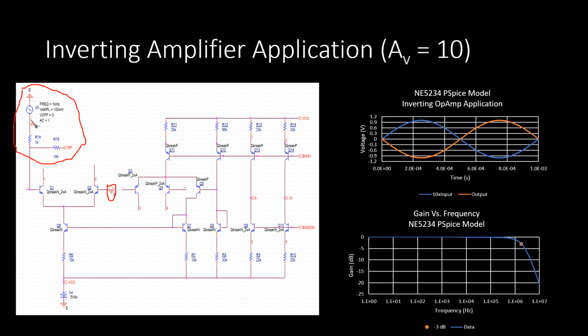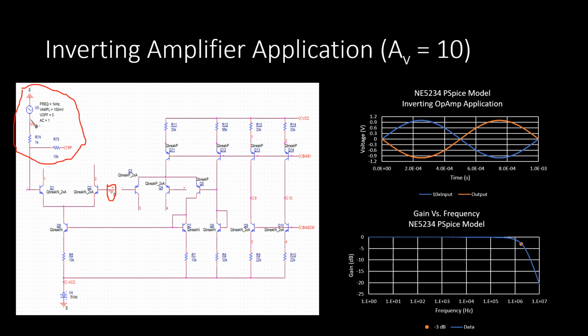The graph below that shows the gain in dB versus frequency for an inverting amplifier of unity gain, meaning the feedback resistance was the same as the input resistance.